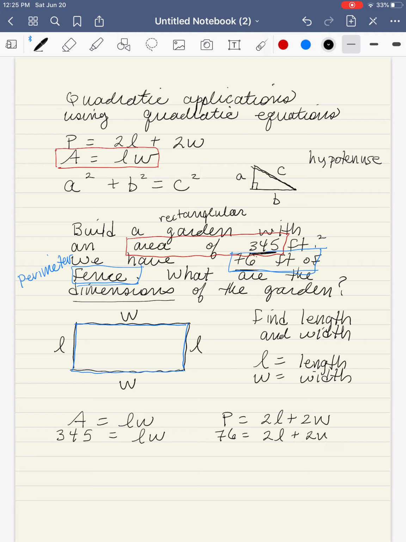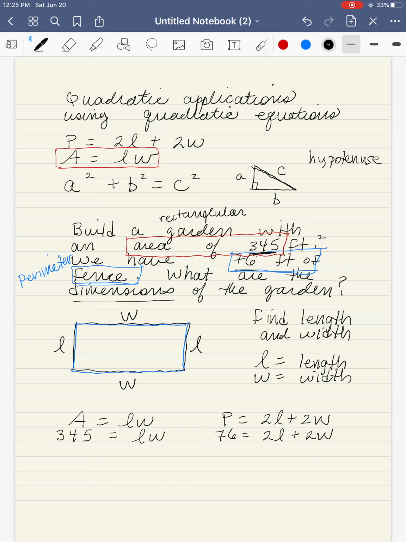My perimeter is 76, so I can write 76 equals 2L plus 2W. So now what I have is two equations with two unknowns.